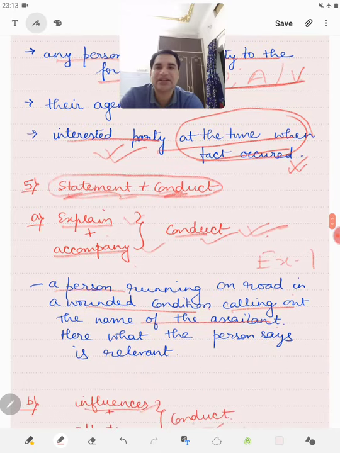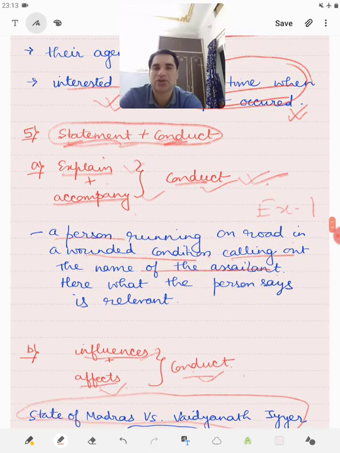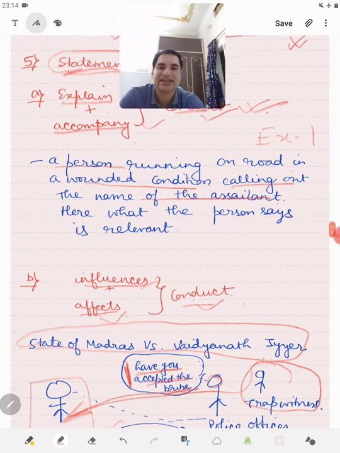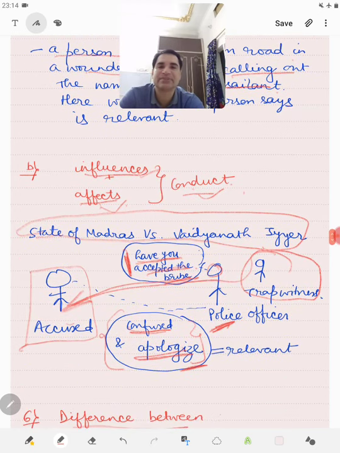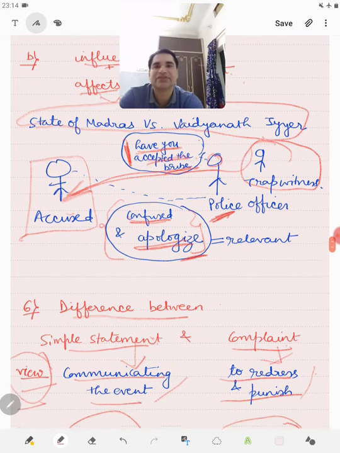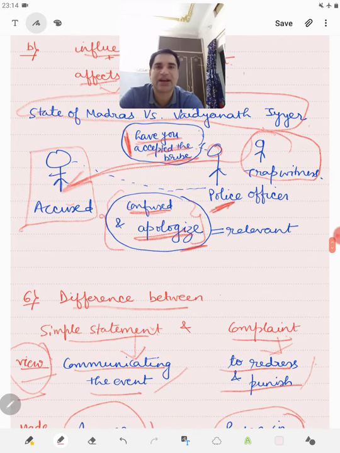As far as statements are concerned, statements per se are not relevant under this section. However, statements which are followed by or which explain or accompany the conduct are relevant. A statement made in presence and hearing, which influences or affects the conduct, is also relevant, as we saw in the case of State of Madras versus Vaidnath Iyer.